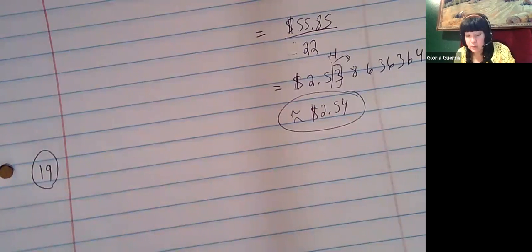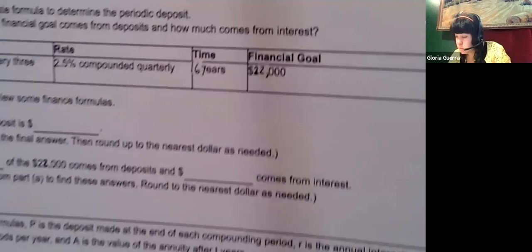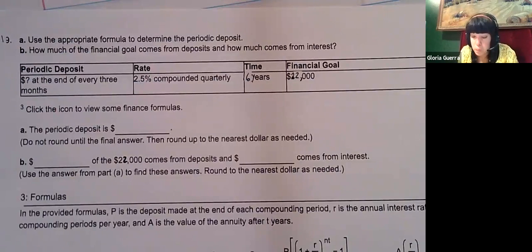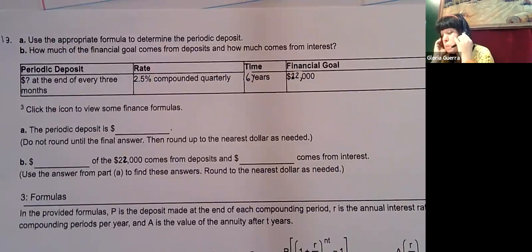So what's going on with 19? 19 says use the appropriate formula to determine the periodic deposit. How much of the financial goal comes from deposits and how much comes from interest?